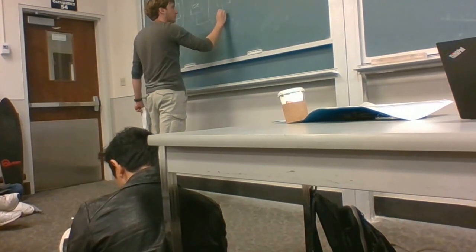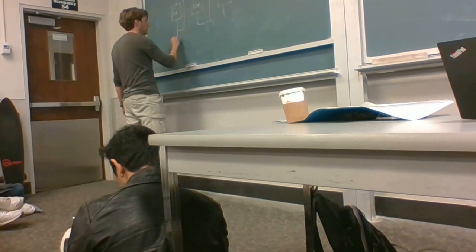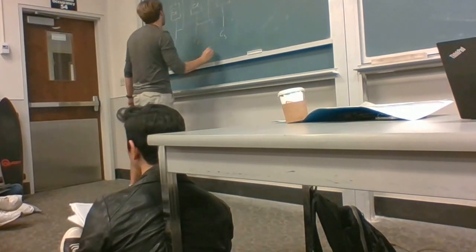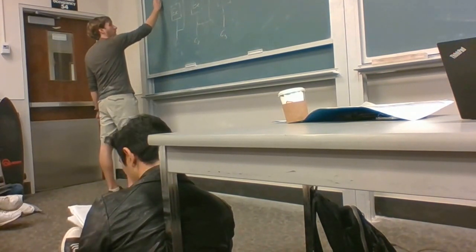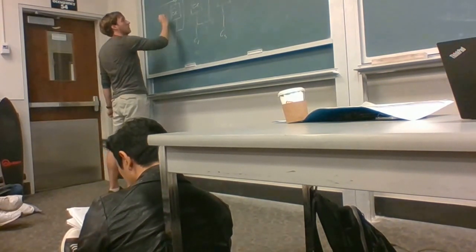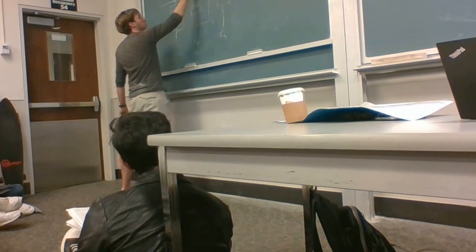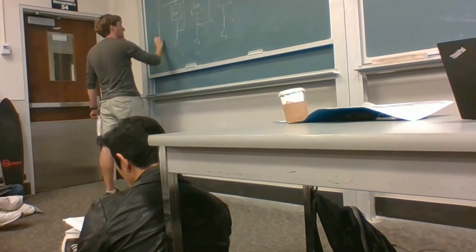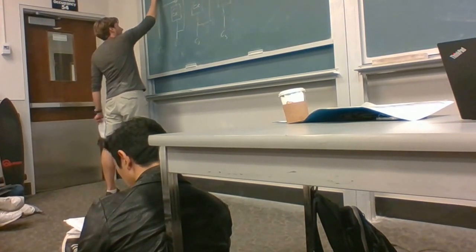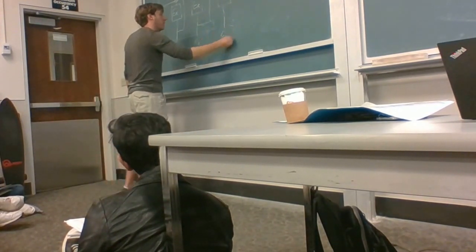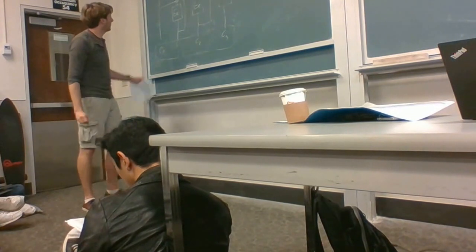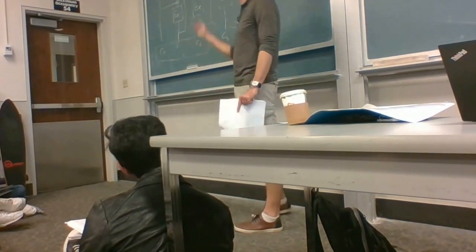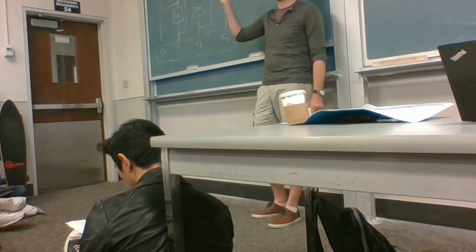Message 1, message 2, message 3, and then here's the IV. So this is what the output ciphertext looks like for CBC mode. Here's your IV, and let's say the block cipher is a permutation on n-bit strings.